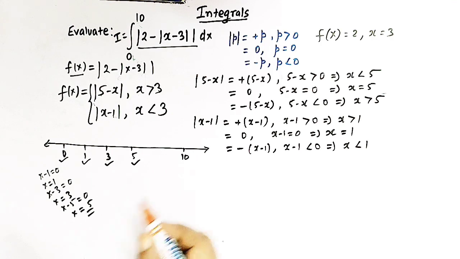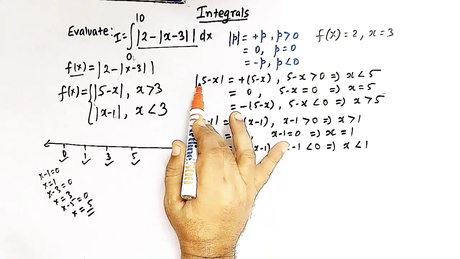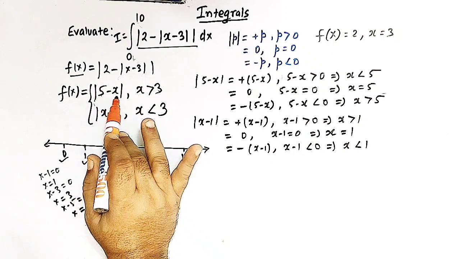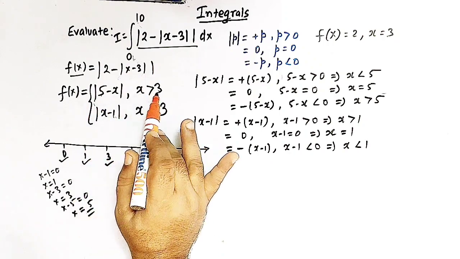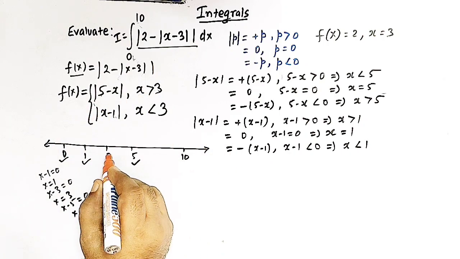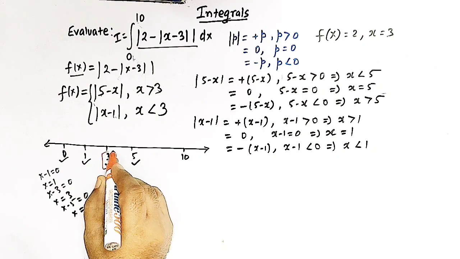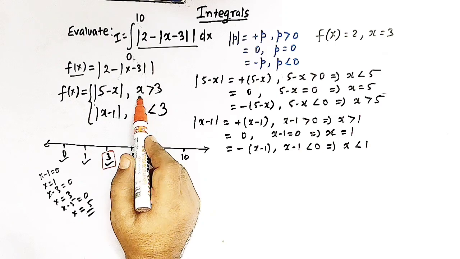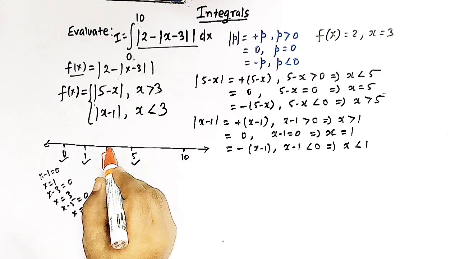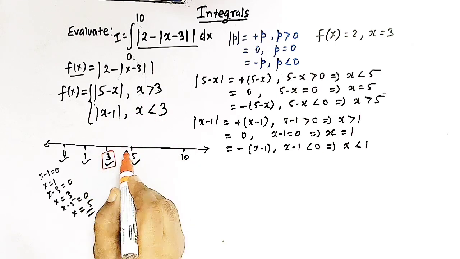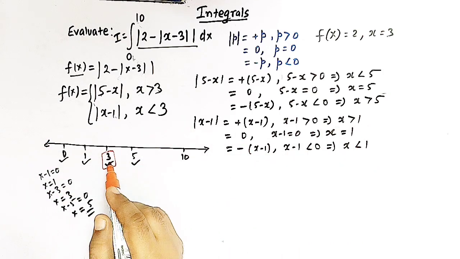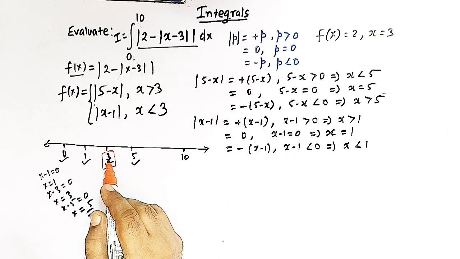So let us once again come to mod of 5 minus x. Now see, here we have mod of 5 minus x when x is greater than 3. So let us concentrate on this point, that is x is equal to 3. So when we have x greater than 3, it means we have to consider all the points which lie towards the right of x is equal to 3.